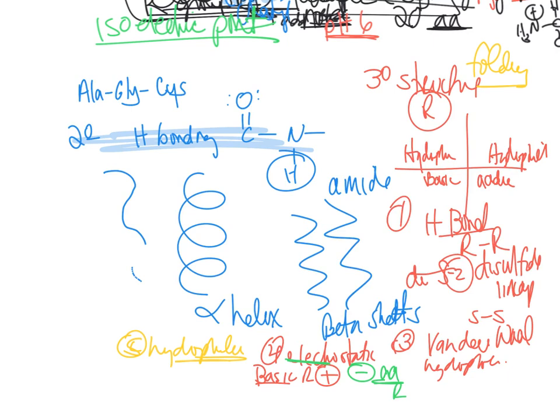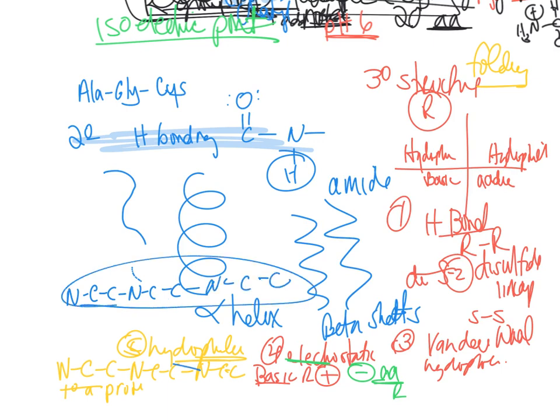Quaternary structures, more than one amino acid chain. So when you have NCC, NCC, NCC, excuse me, that would be one peptide or protein. And then you could have another one that starts with NCC, NCC, NCC. Now keep in mind these would be big. And then if those two come together, then that would be a quaternary structure.